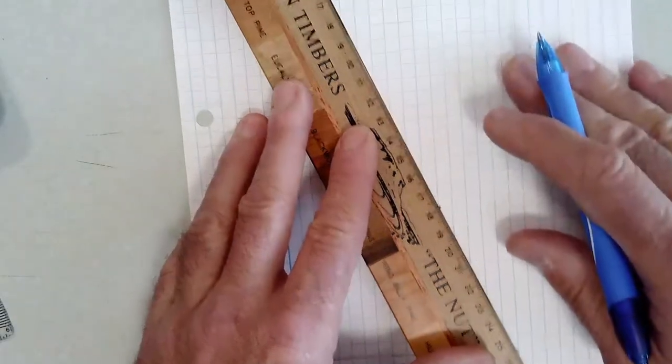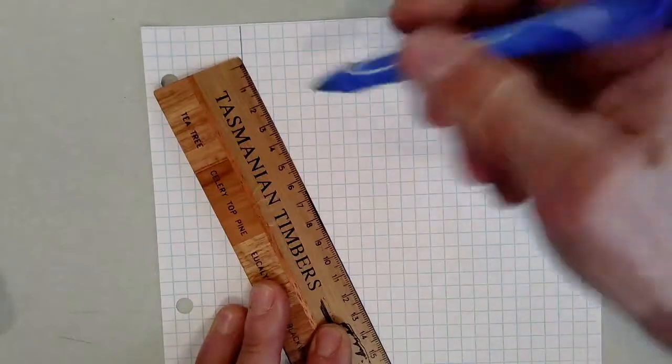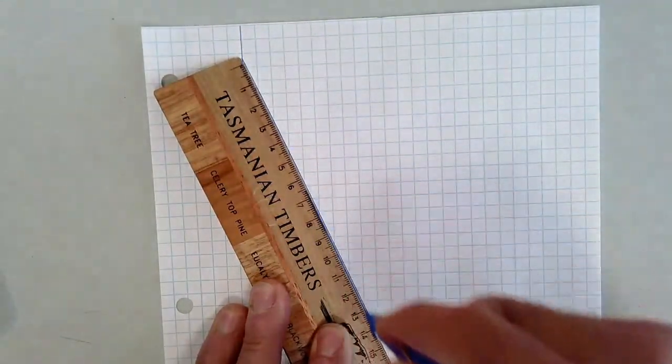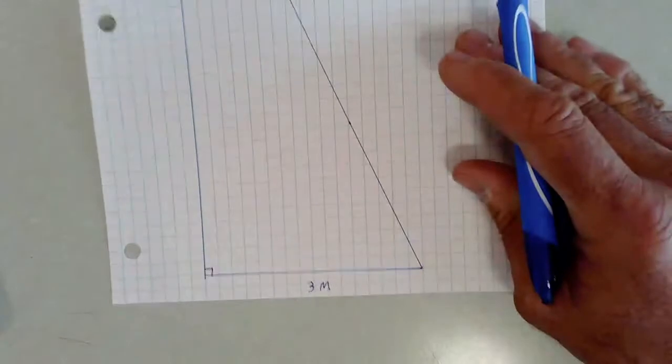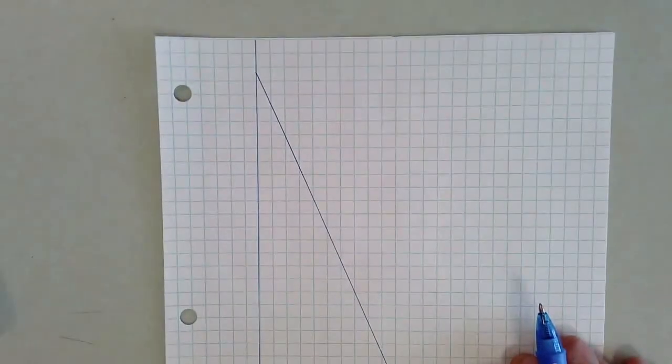Let me move back. I'm going to draw it all the way up till it touches our 90-degree line. All the way through there. Okay? So I've made one big triangle from the vertex all the way to where it touches.